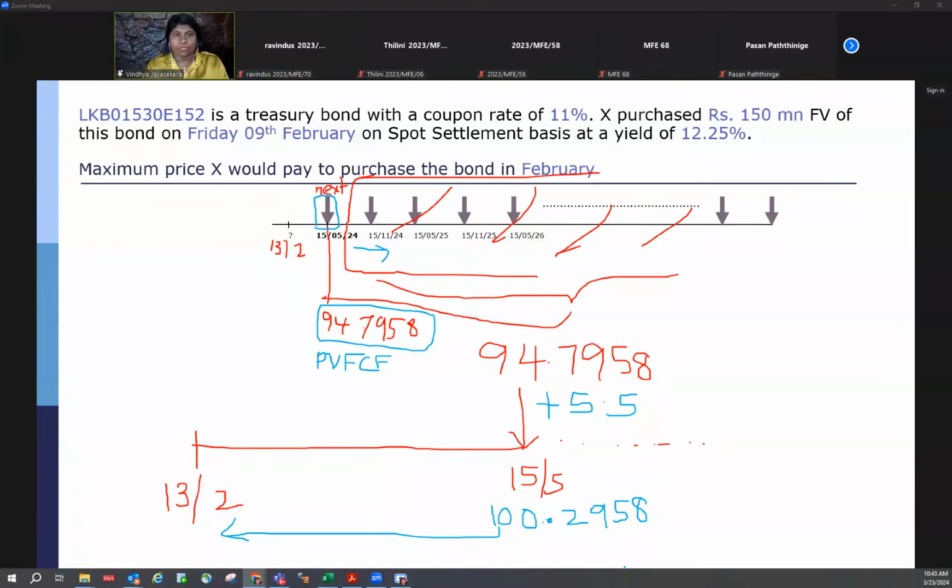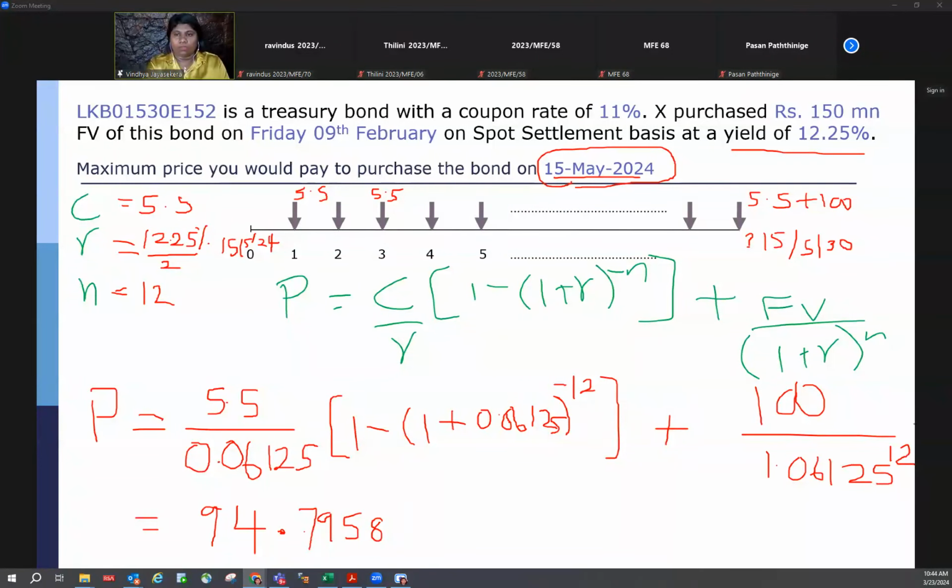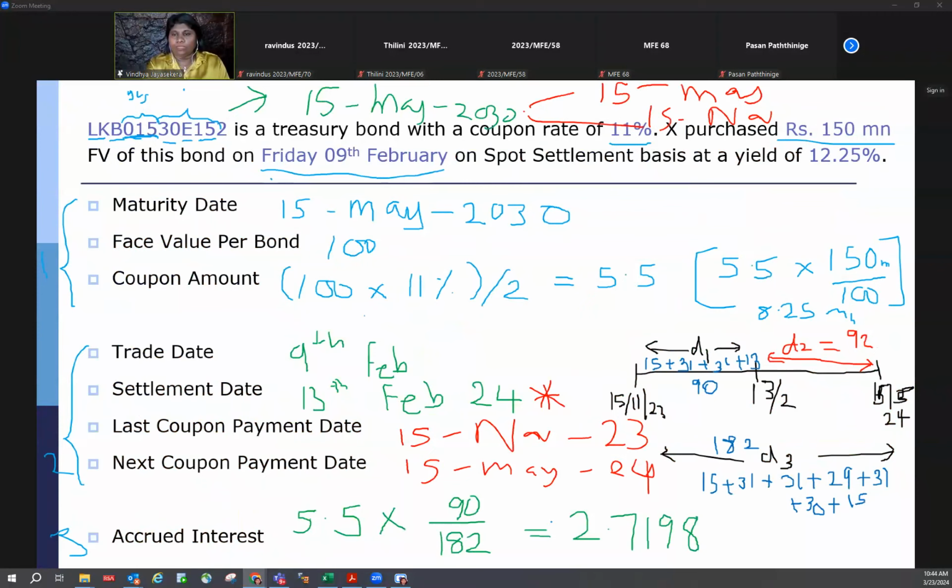100.2958. So this 100.2958, how much is it worth today? What is today? It's 92 days earlier. This is 90. This is 183. This is 92.